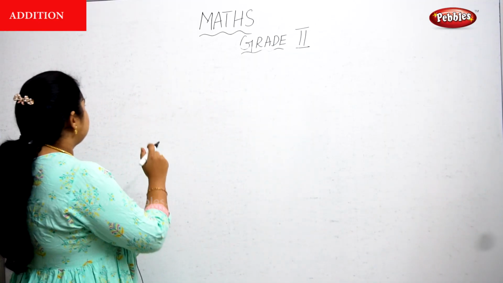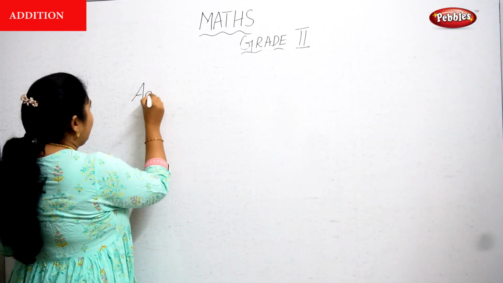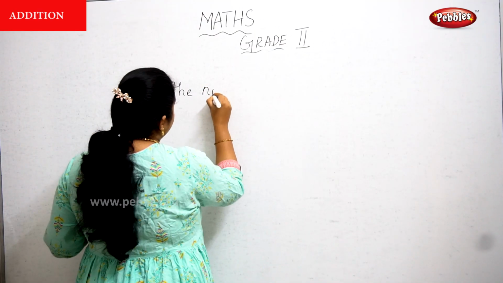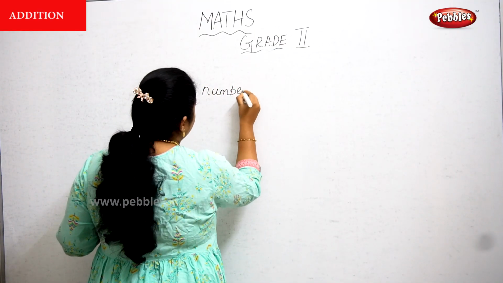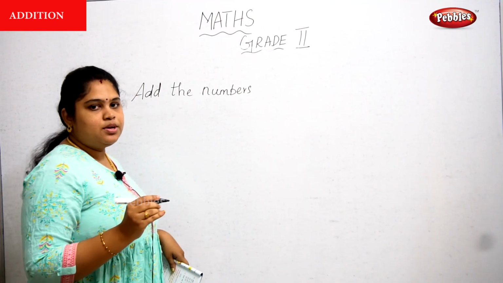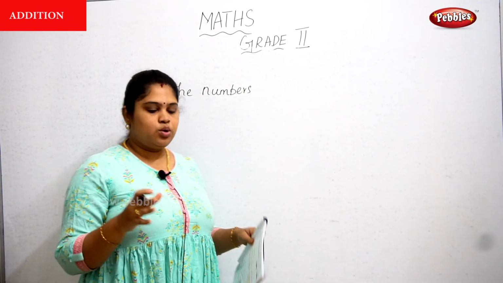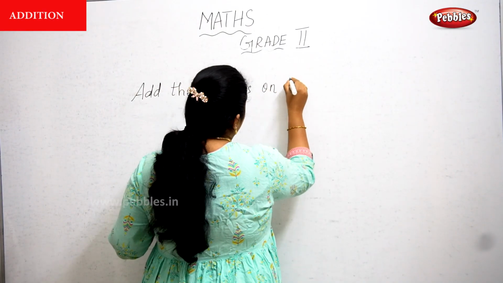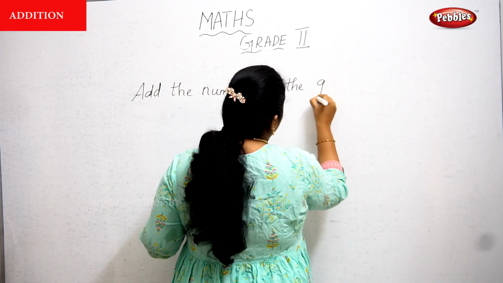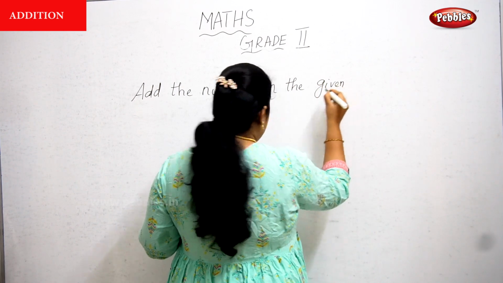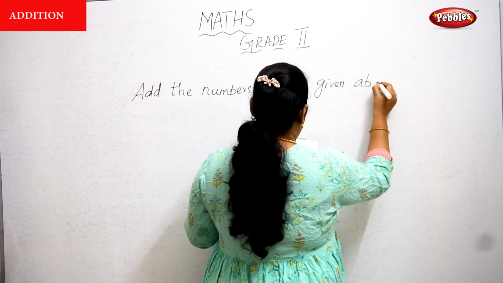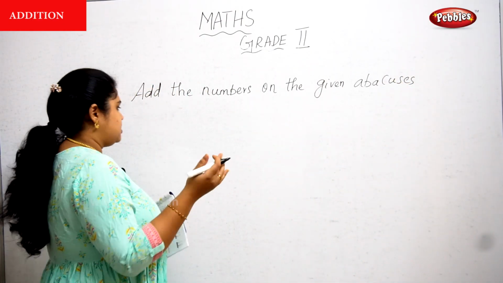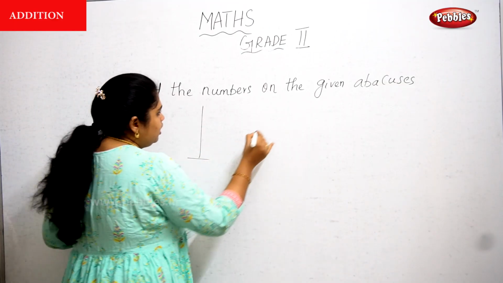Okay, the first question is: add the numbers on the given abacus. Always you have to be very careful with the question, children. On the given abacus, I'm going to give the abacus.